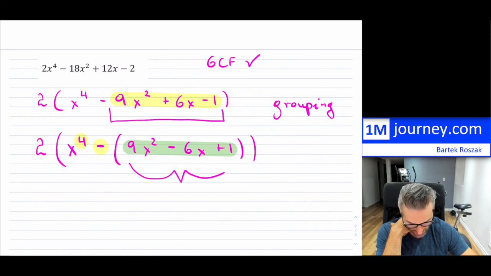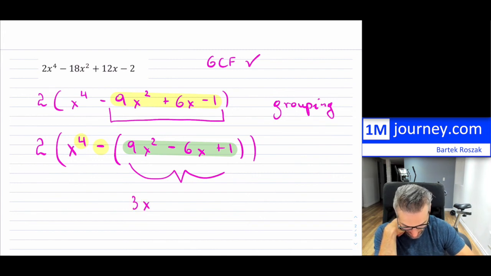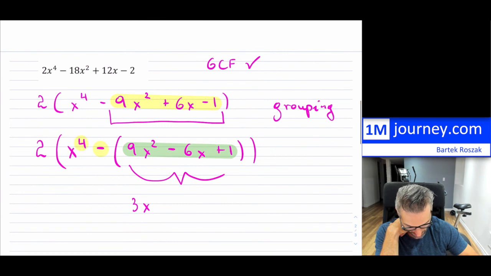So maybe this is a perfect square, and 9x squared is 3x if I take the square root of that. The 1 is just 1, so I'll have that. The square root, now this is minus, so right here.